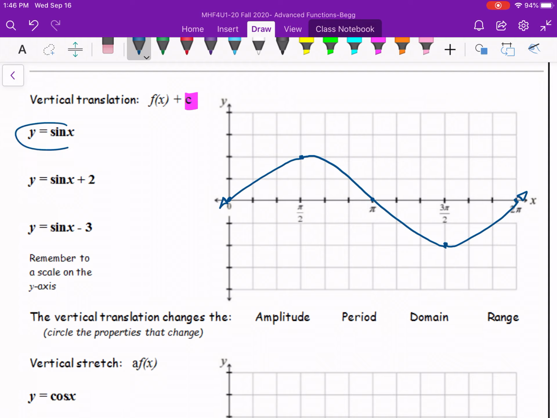So that's this one. The next one has got a C value of +2. Otherwise, it's exactly the same. And I just realized that there's no scale on here. I was assuming that the scale here was 1 and -1, but there's not going to be enough room if I do that. So I'm going to have to redo.